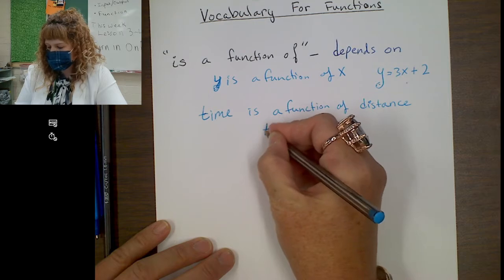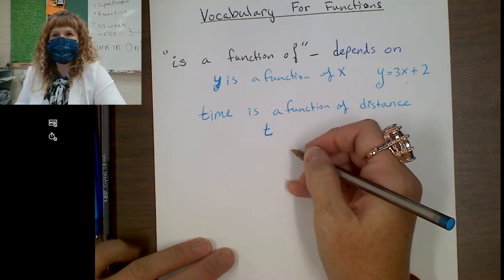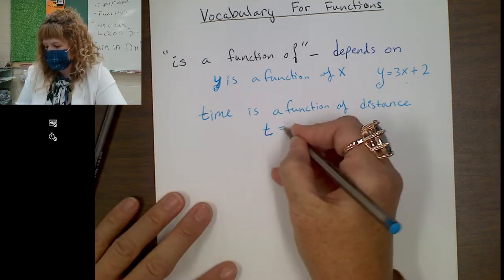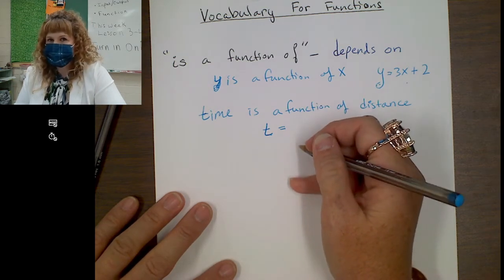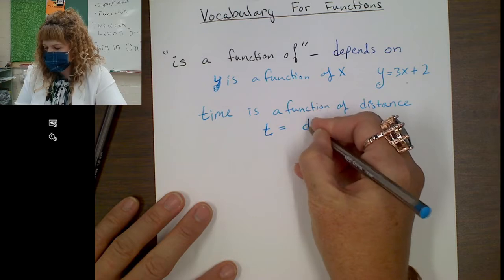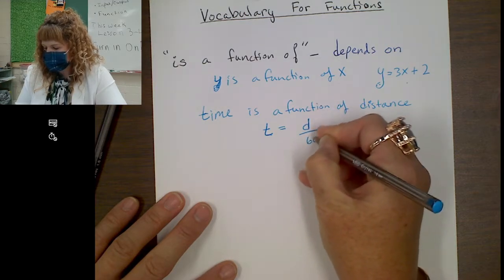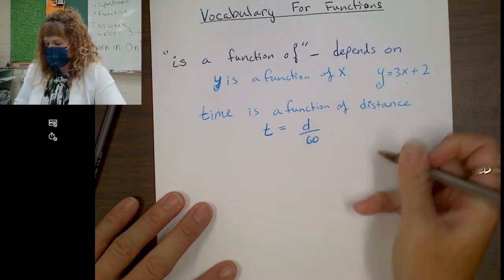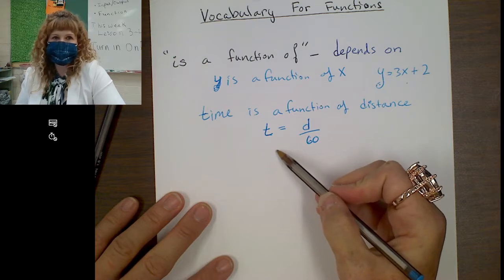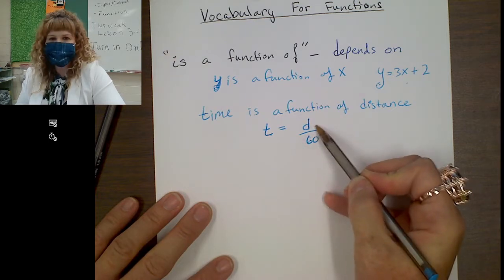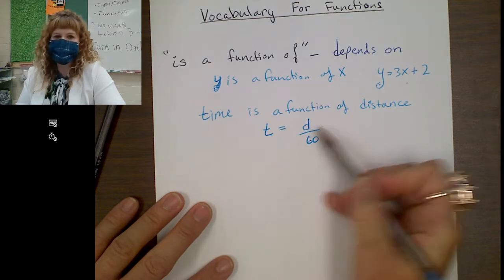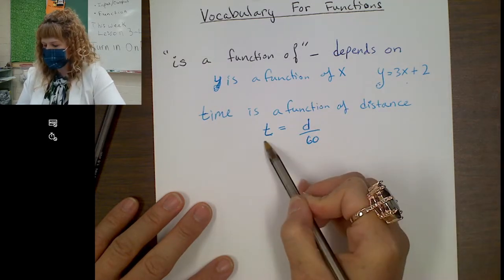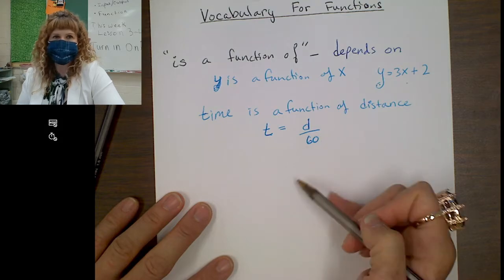Let's say we have this equation for the time it takes to drive somewhere. If you're driving like 60 miles an hour, then it's going to be distance divided by 60. So this means the time it takes to get there depends on how far away it is at the same speed. Farther away takes longer time. Time depends on the distance.